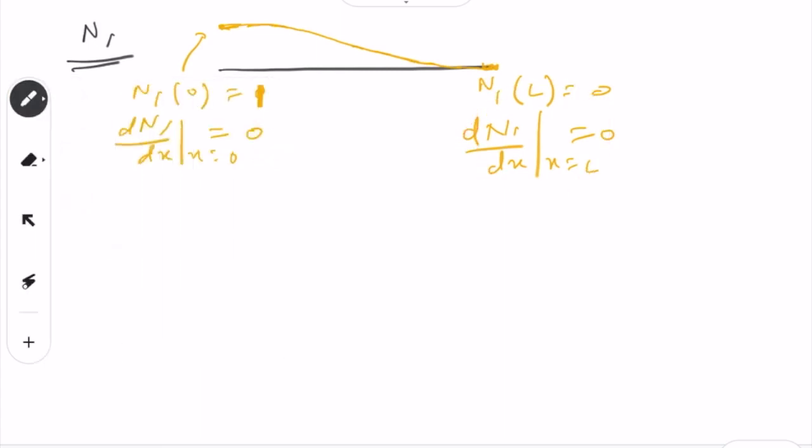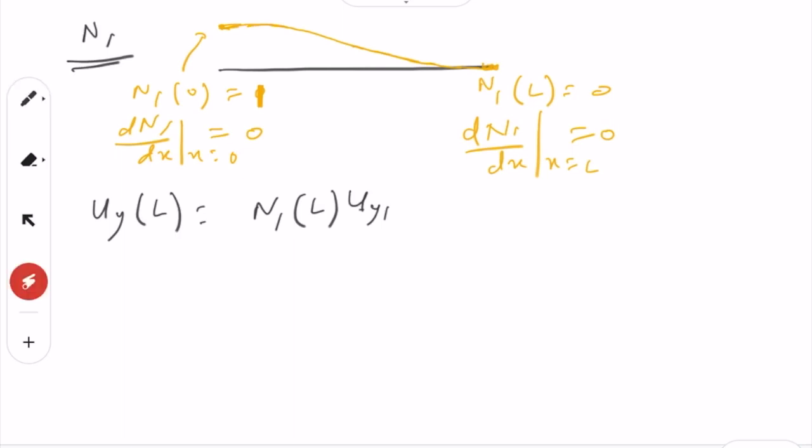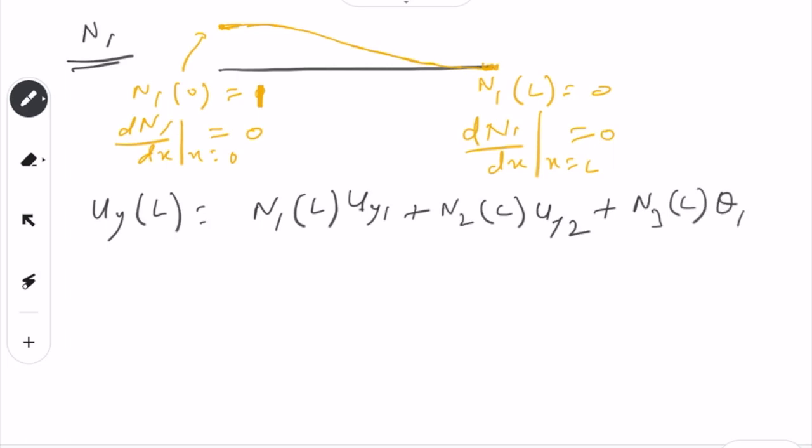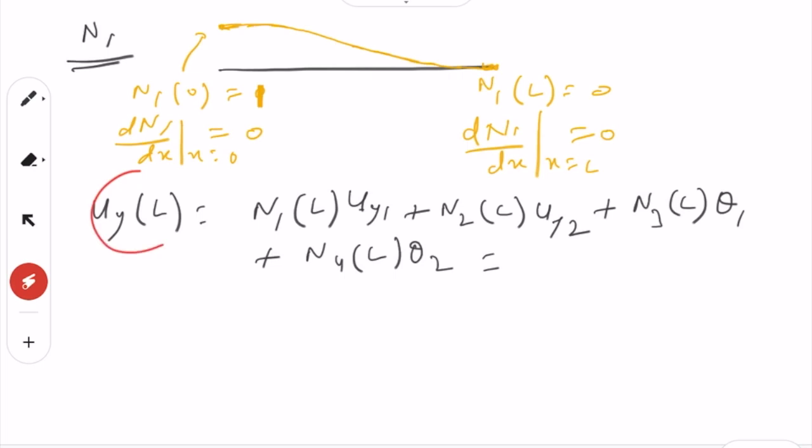We know that uy is equal to n1 times uy1, so uy at L will be equal to n1 at L times uy1 plus n2 at L times uy2 plus n3 at L times theta 1 plus n4 at L times theta 2, but this is equal to uy at this point, which we call uy2. So, the whole thing is equal to this one.